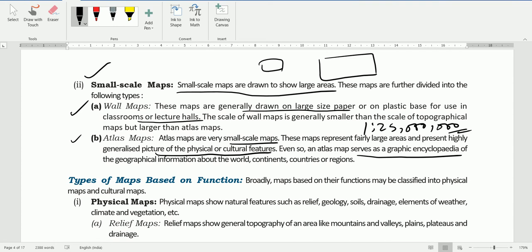They are very important for students because an atlas serves as a graphic encyclopedia, a house of knowledge of the earth's surface. I think some of you may have these atlases also.